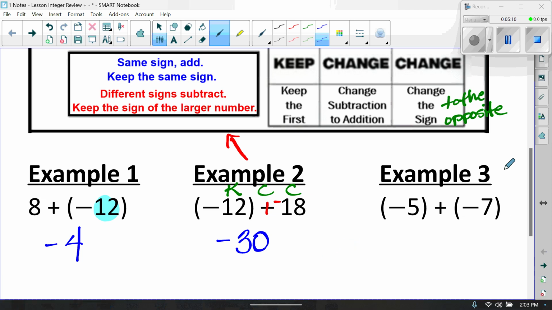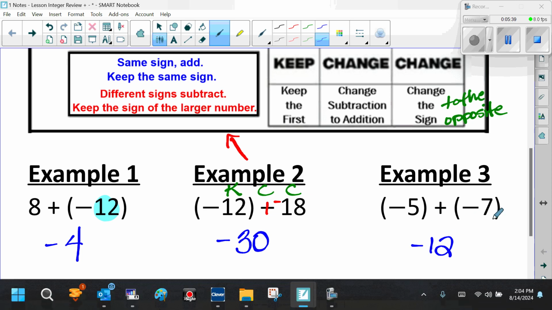All right, so example 3 is an addition problem. So this one, we look to see that the signs, negative and negative, are the same sign. So same sign, add. So 5 plus 7, that's 12. And then we keep the same sign, that's going to give me a negative 12.